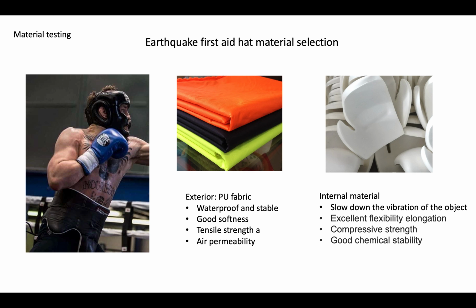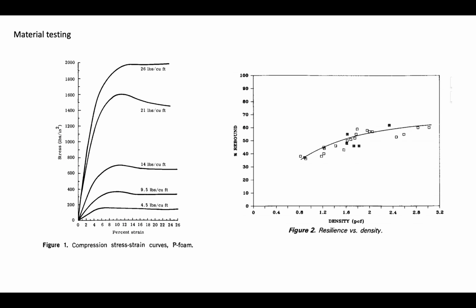Exterior material: PU fabric, with good physical properties, wear resistance, good softness, and tensile strength with air permeability. According to the research data, the PU foam is extremely resistant to pressure, up to 2000. The resiliency of the test sample as measured by the ball rebound reached up to 60% rebound.